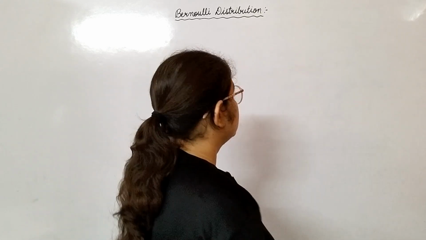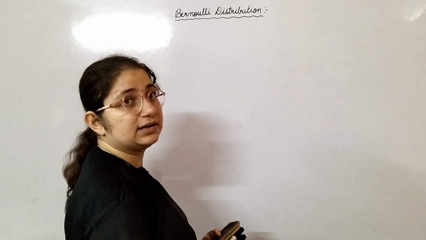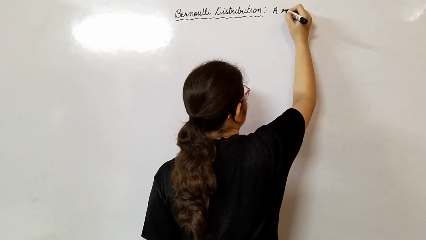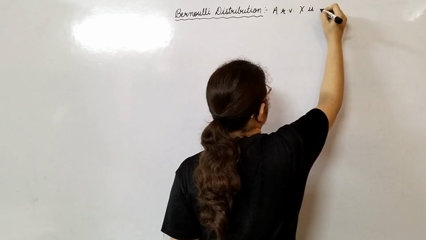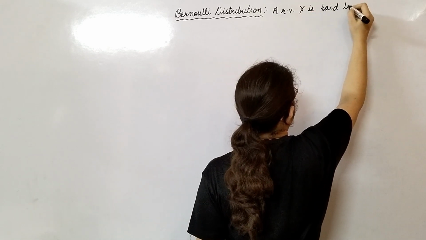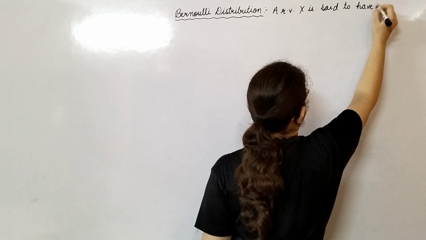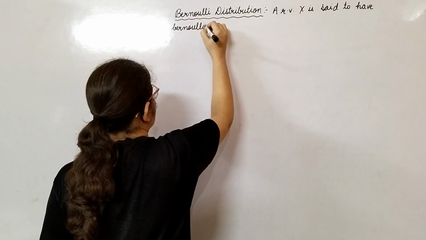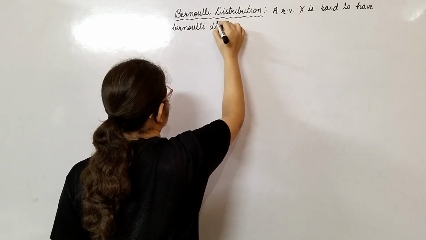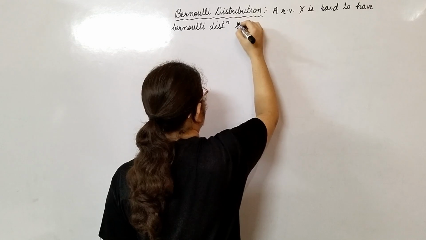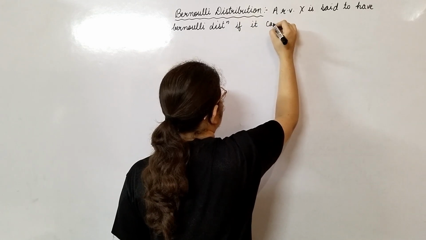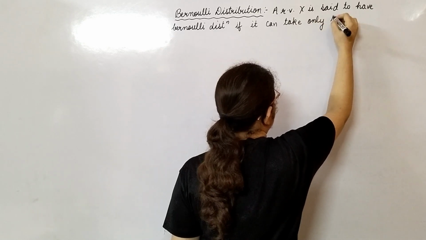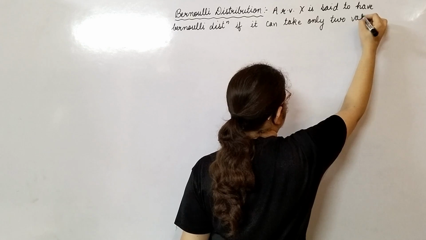Okay, so what is Bernoulli distribution? Which type of random variable follows Bernoulli distribution? A random variable x is said to have Bernoulli distribution if it can take only two values.